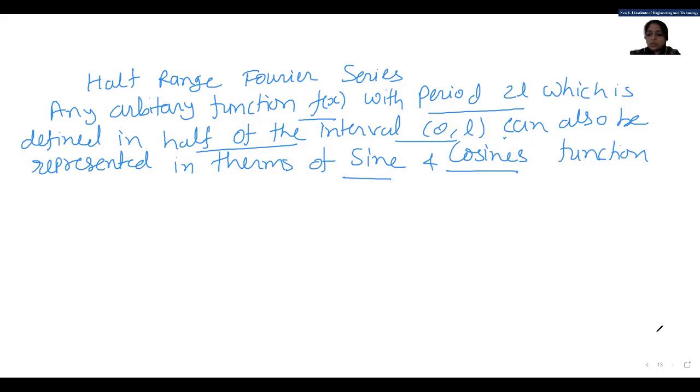Okay, so the formula for the half range series. This is important for you for solving examples.